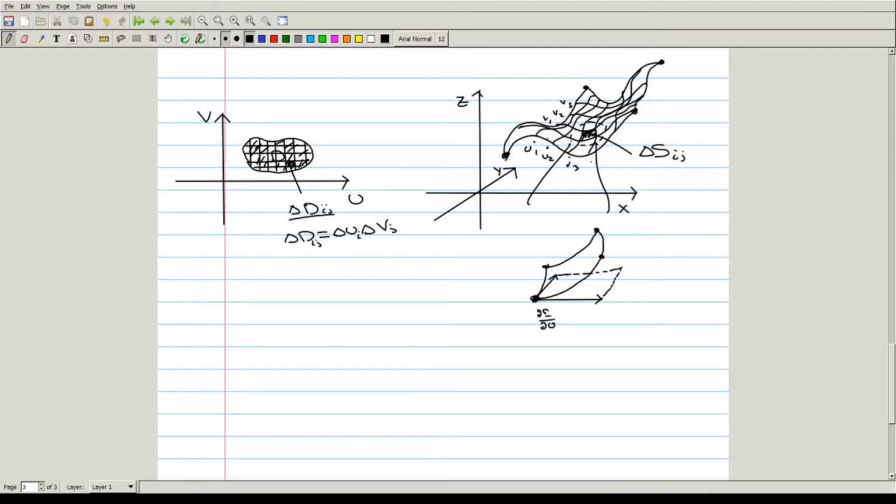And we know that the actual approximation to the length at this point is dr du times delta u. Same thing at this point right here in this direction. This vector right here is dr dv.